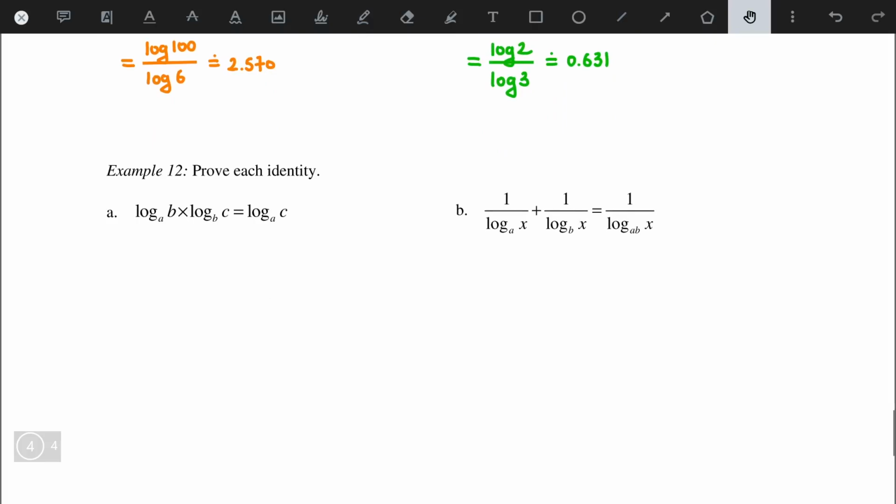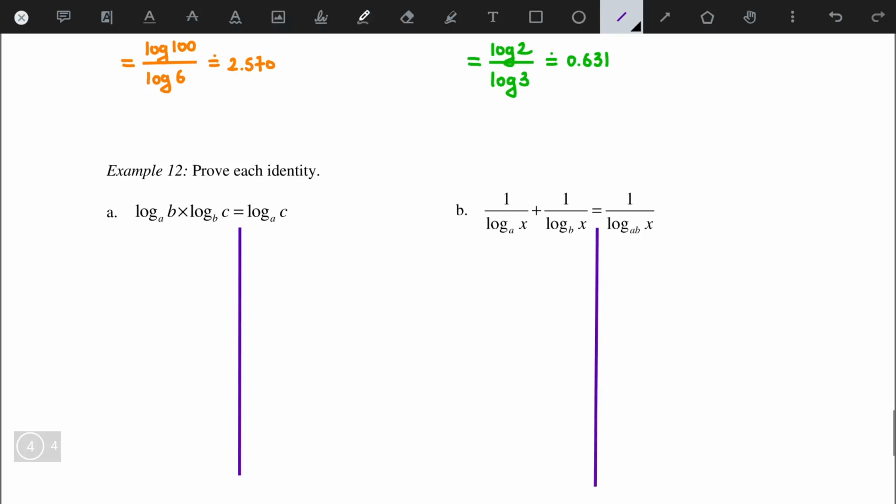One last example here. We have a couple of expressions, and we're trying to show that the left-hand side is equal to the right-hand side. So kind of an identity type question. Keep the sides separate for now. Okay, so here on the left-hand side, we can rewrite log base a of b using the change of base rule as log b over log a.